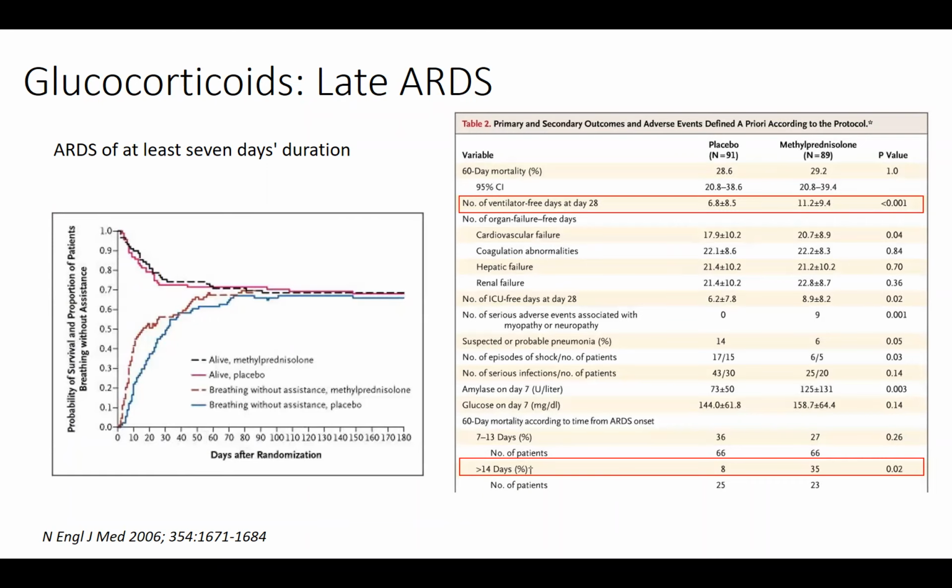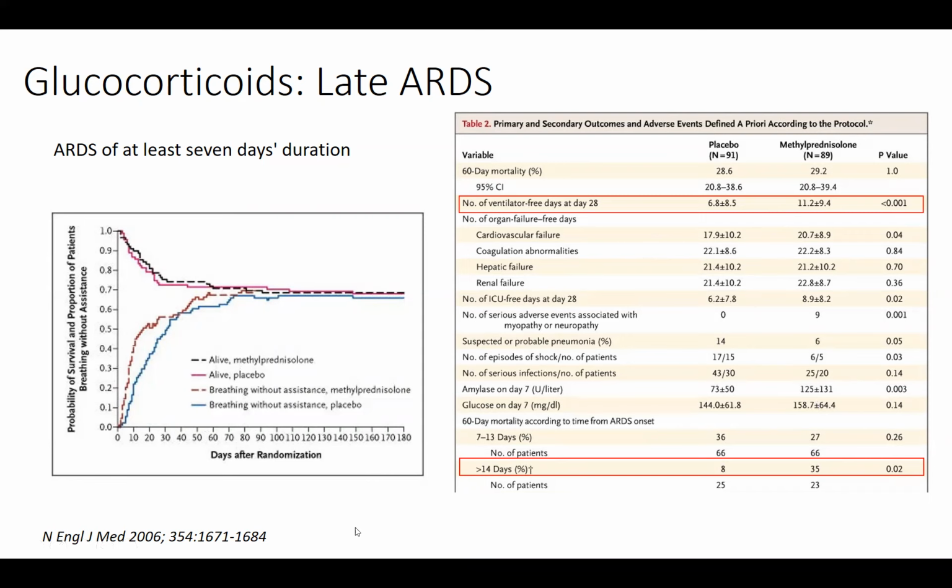Now, in late ARDS, defined as more than 14 days since the onset, steroids have not been shown to improve outcome. They've actually been shown to worsen outcomes. So, number of ventilator-free days at day 28. Now, two things here. This is in everybody, not just early.